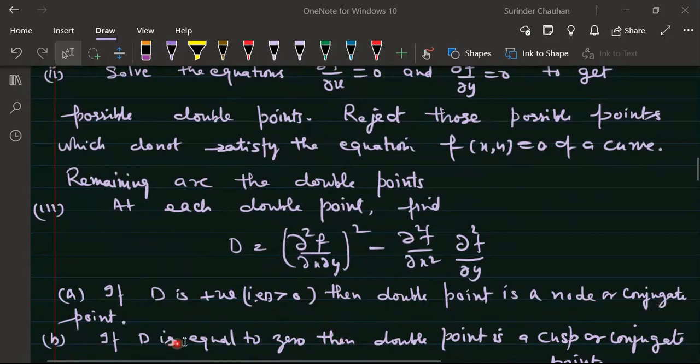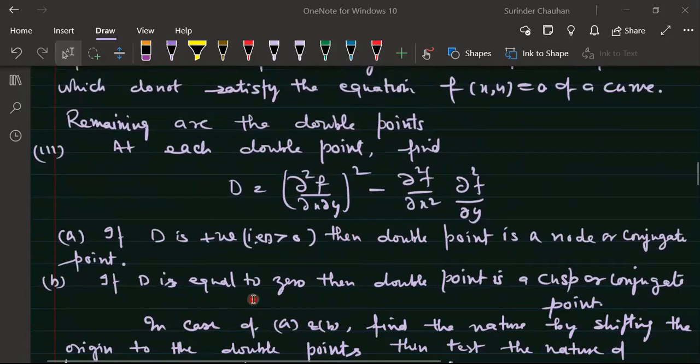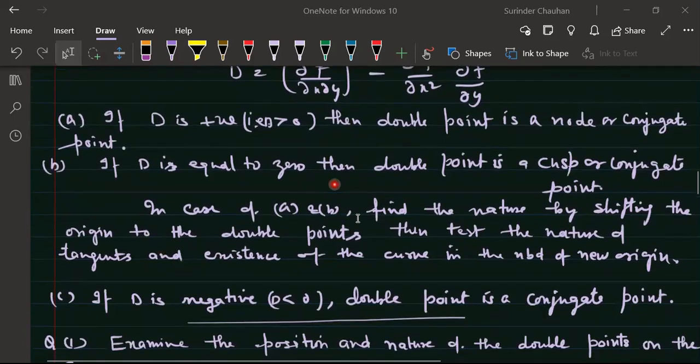If d comes out to be 0, then the double point is a cusp or a node. In that case, find the nature by shifting the origin to the double point, then test the nature of the tangent and axis of the curve in the neighborhood of the point.